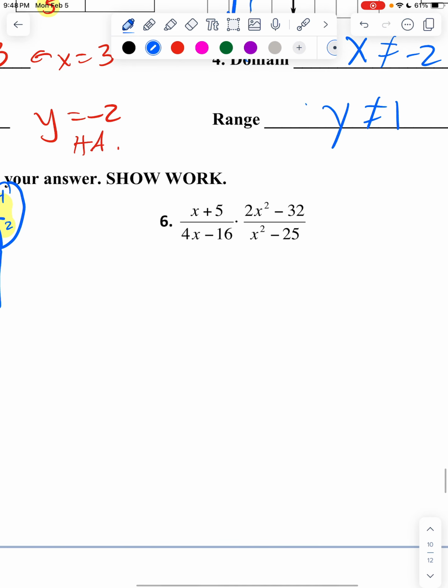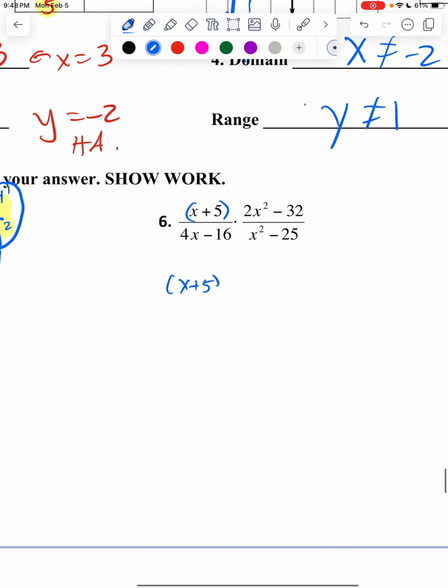Now in this problem, I have adding and subtracting, so I'm going to have to factor if I can. Anything with a plain x that doesn't have a GCF, you can't factor, but this bottom part, I can, because I can take out 4. So if I take out a 4, that will leave me with x minus 4. How about up here?